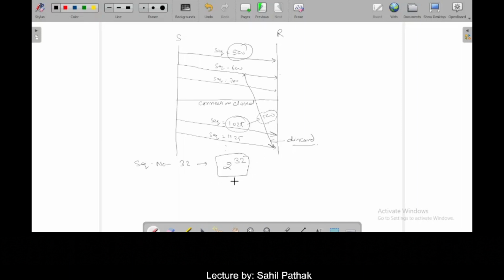Out of these 2 raised to power 32 sequence numbers, the probability of getting the same sequence number would be 1 divided by 2 raised to power 32.